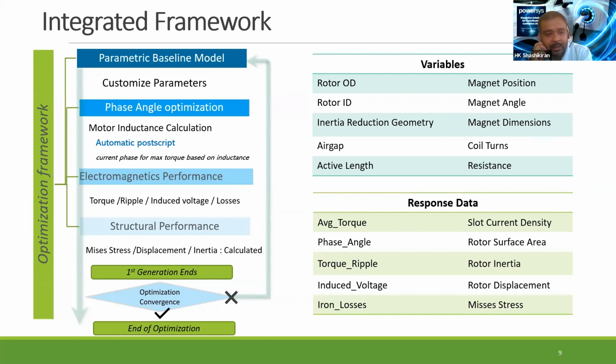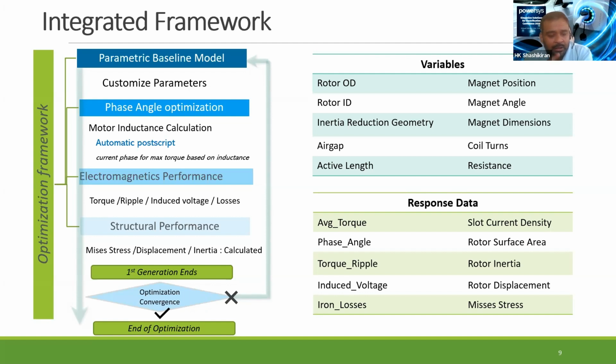We also have a batch script that runs a motor inductance calculation and back-calculates the best gamma angle for the system, which is then taken forward for the electromagnetic performance. Here we take care of torque ripple, voltage limits, and the losses.